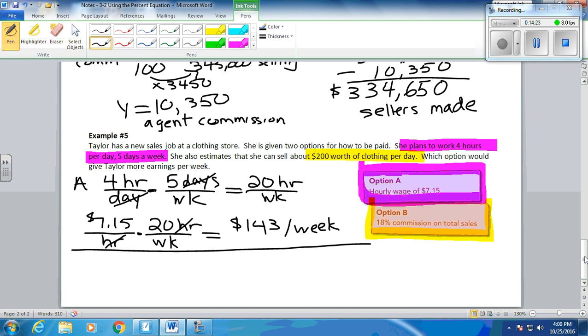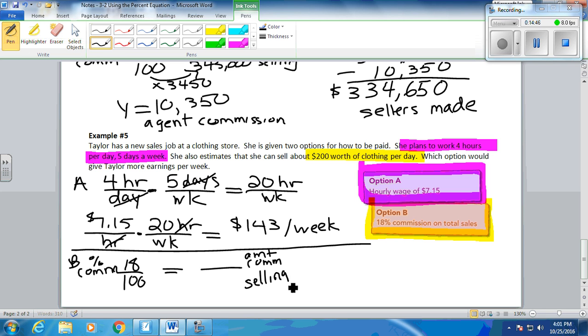Option B is now a commission question. So if I set up my proportion, this is the percent commission, which is 18%. This would be the amount of commission, which I'd be looking for in this case. Then this would be the selling price.